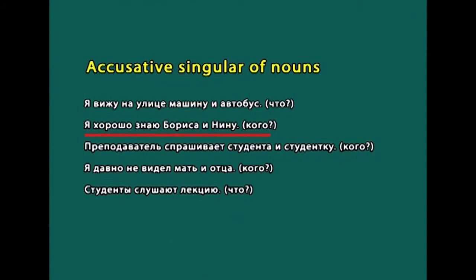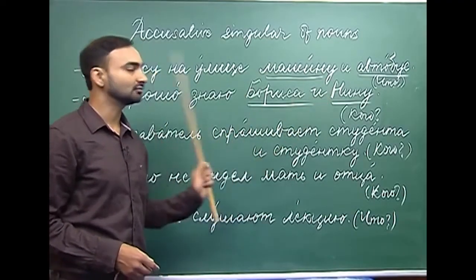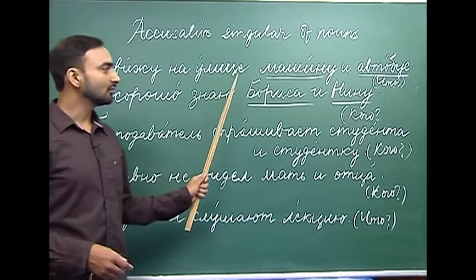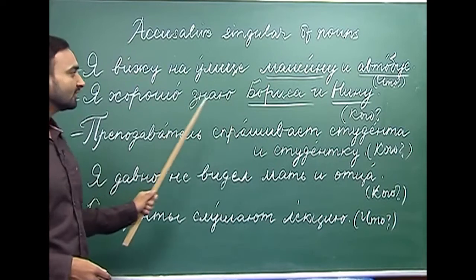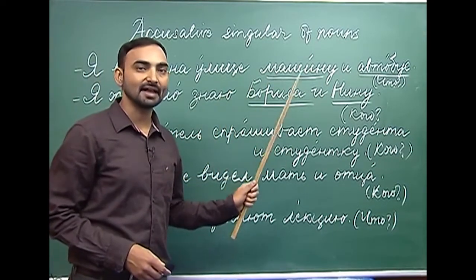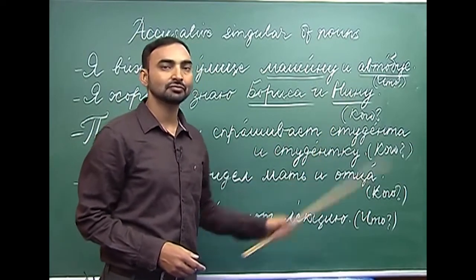Next sentence. Я хорошо знаю Бориса и Нину. I know Boris and Nina well. So, here Boris has become Borisa and Nina has become Ninu.